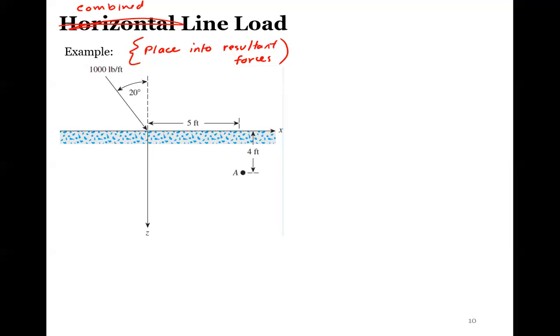The increase in stress that we care about at point A is our delta sigma z, say A. It's a combination of our delta sigma z in the vertical direction, plus our delta sigma z in our horizontal or lateral direction.